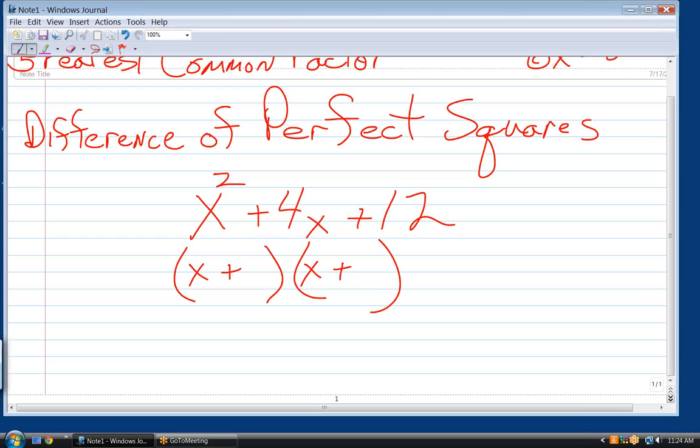And finally, step 3, verbalize it. Factors of 12 that do what? Add up, because of that, to the number 4. Well, what factors of 12 add to 4?